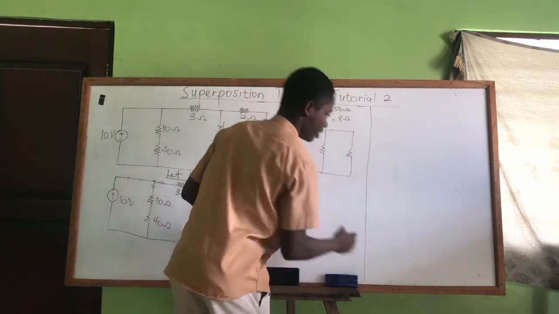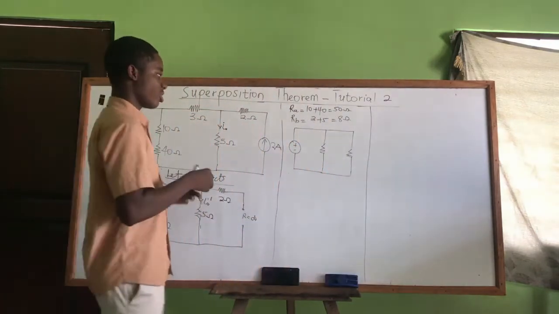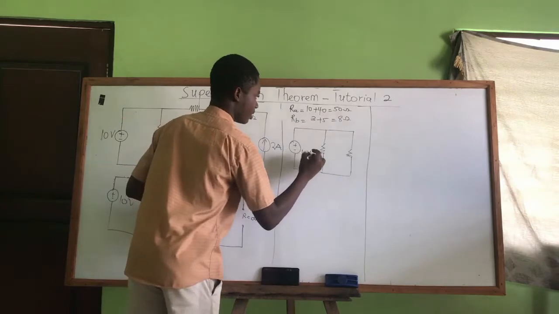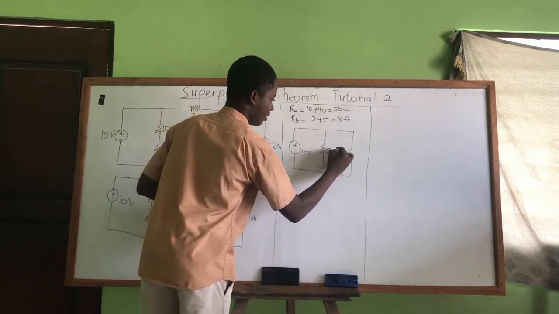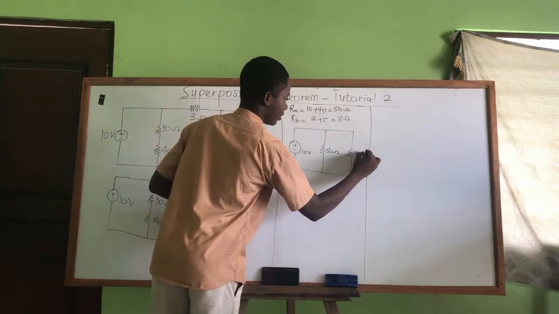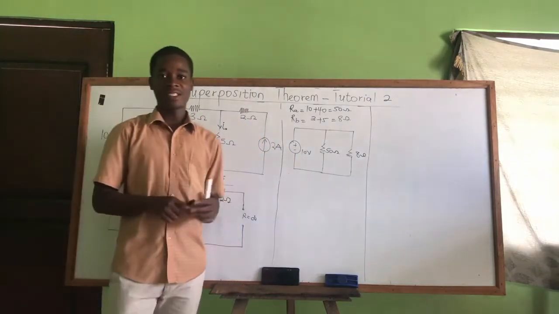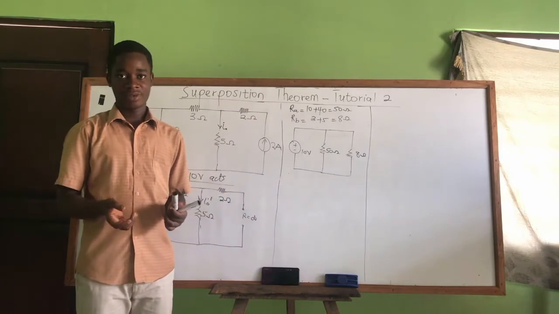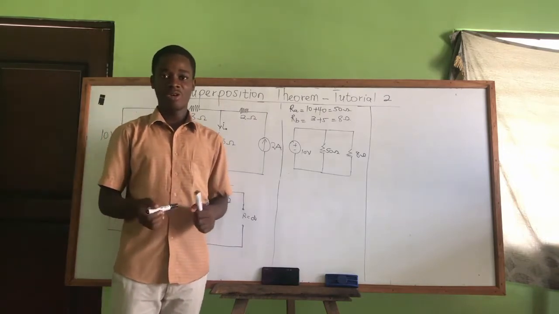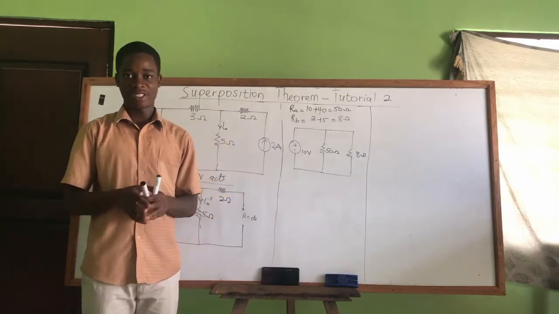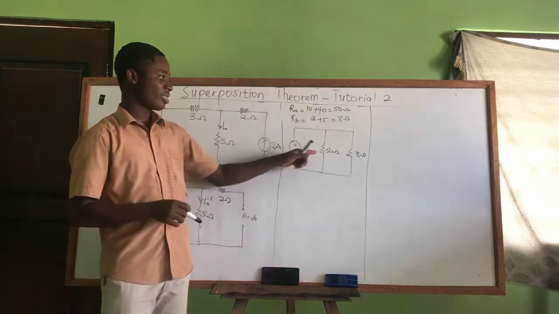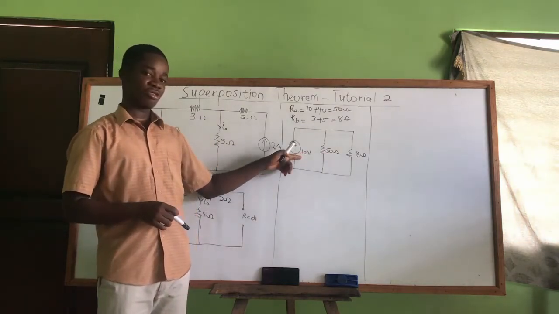Good. So this is what we have now. So our source is 10 volts, our RA is 50, our RB is what? 8 ohms. Now you can see that these 3 elements are connected in what? Parallel. So we know that elements in parallel also have the same voltage across them, meaning the voltage across the 50 is the same as what? The source voltage.